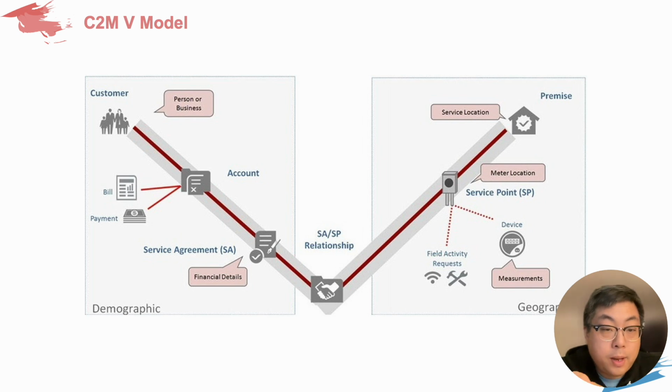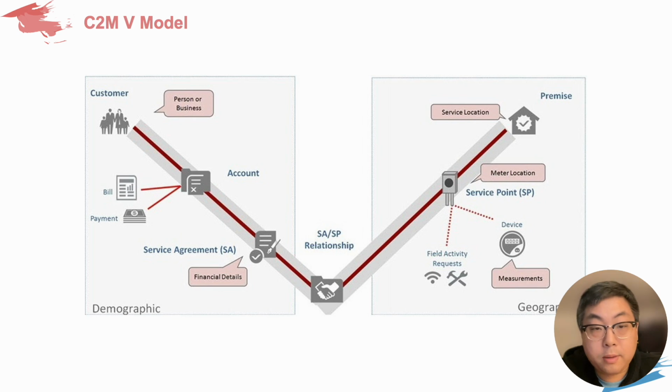Okay, so moving one level down, which is the account. So account here, the only thing I want to mention is account is a billing account. So many people who have worked on CRM before, when you log into the system, look at the account, normally it's the customer account, which means it contains all the customer information.